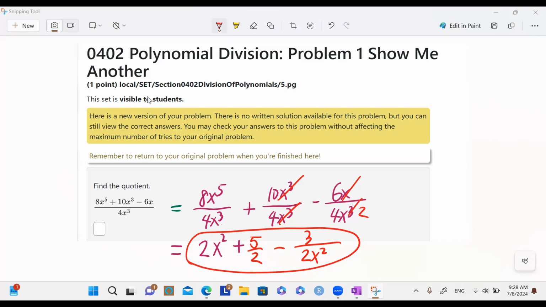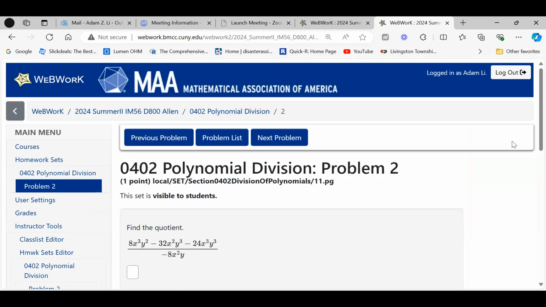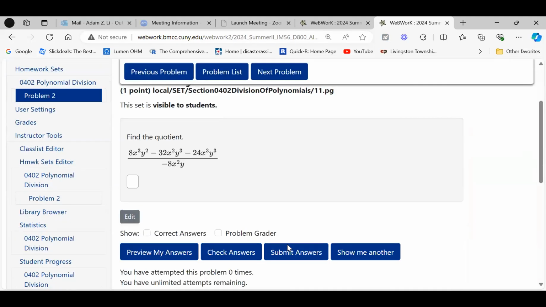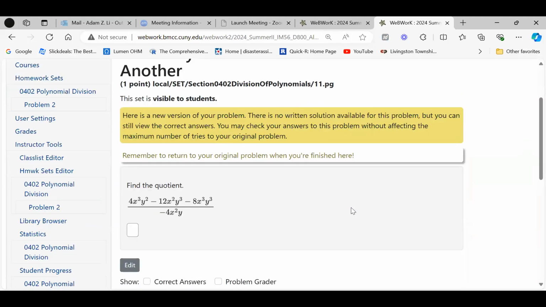Okay. Now we're going to get to some of the more sophisticated ones. Maybe you guys try this really quickly. I'll give you a couple minutes, try this.